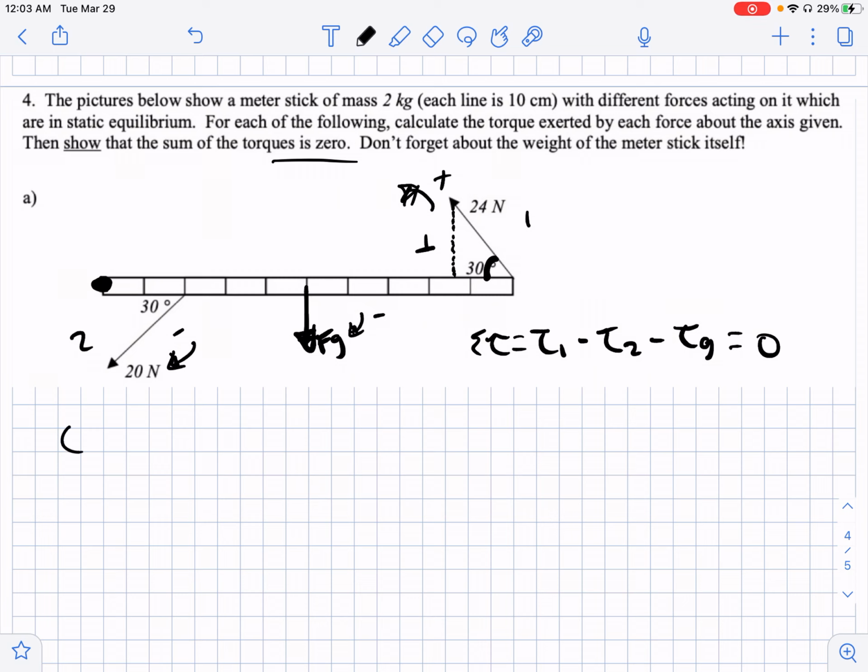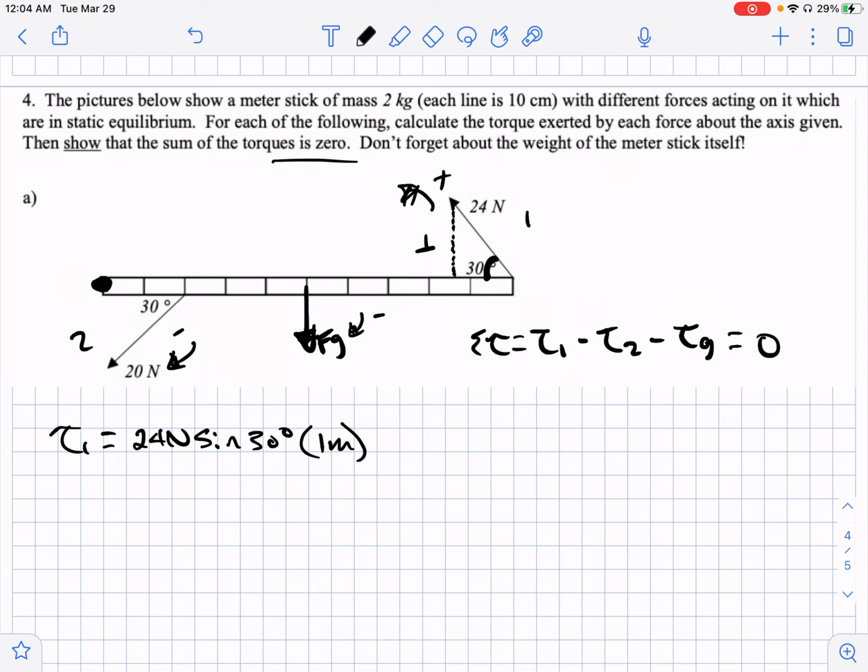For the torque from this first one, that's 24 newtons times sine 30 degrees, because it's only that perpendicular force that's causing torque. Oh, we almost forgot the moment arm. It's also times the moment arm, which is 1 meter.